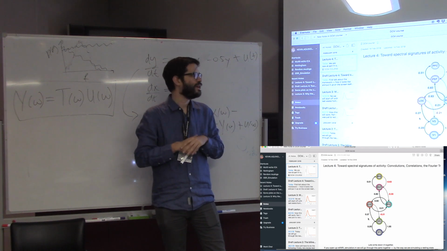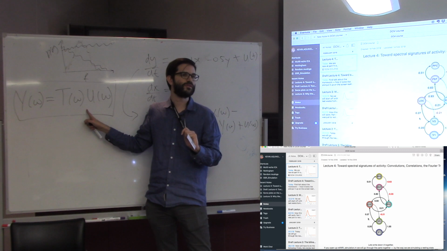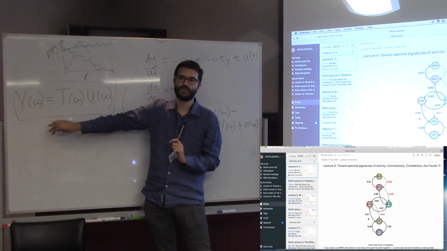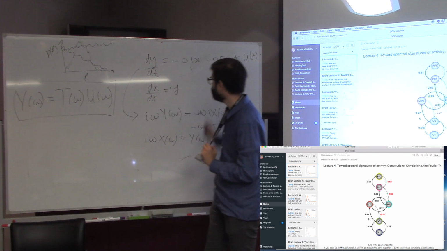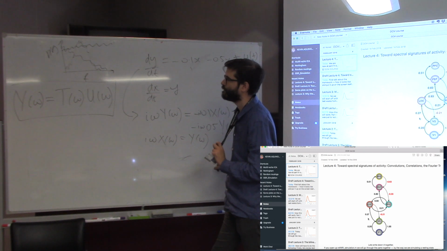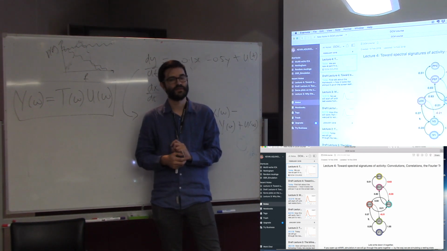Long, long time. And if you use these tricks, there's a mathematical trick here for Fourier transforms, you can calculate it very quickly. That's a take-home message. You can change all of these equations into something like this. It makes it take seconds.